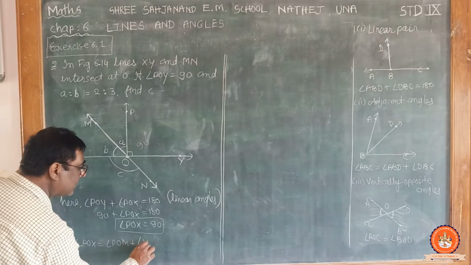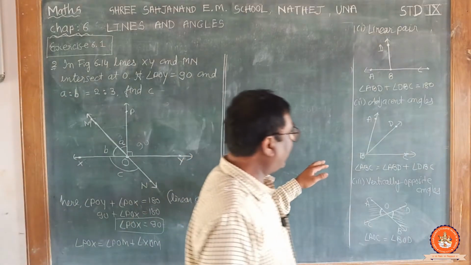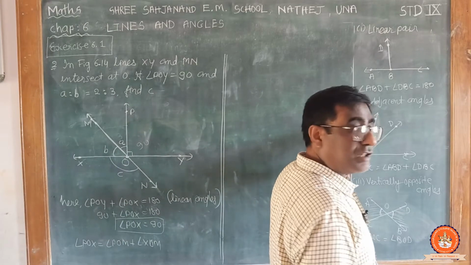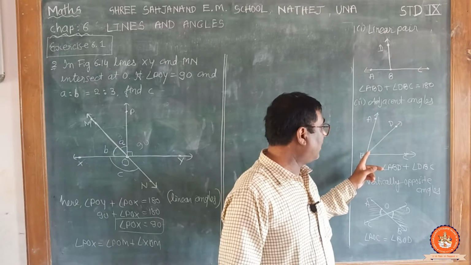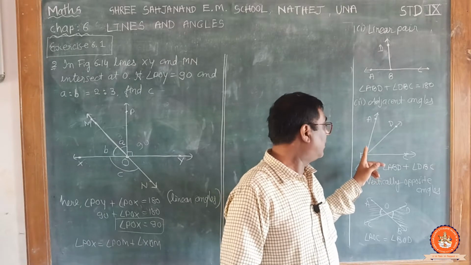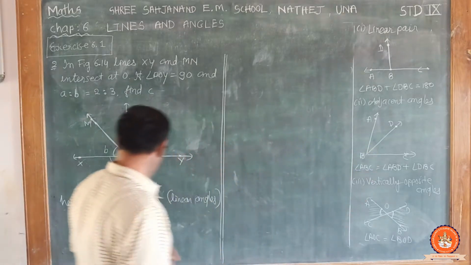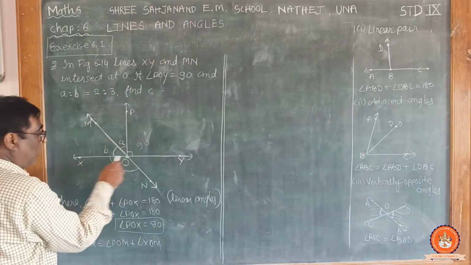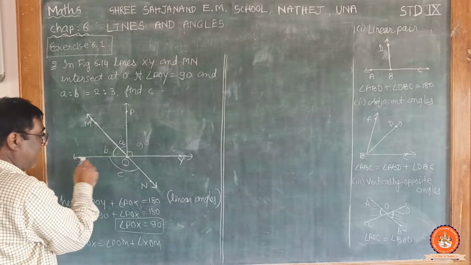Look at it, as per adjacent angles, the sum of two adjacent angles is equal to the angle formed by their non-common arm. So POX consists of angle POM and XOM.